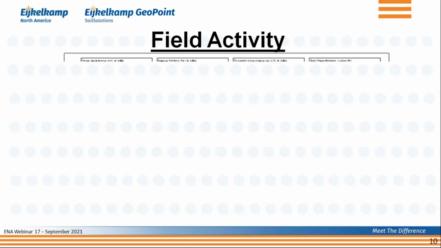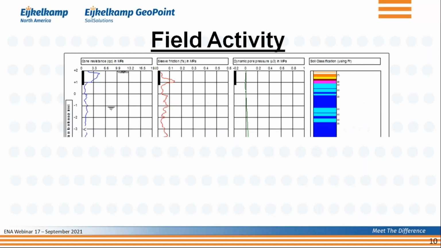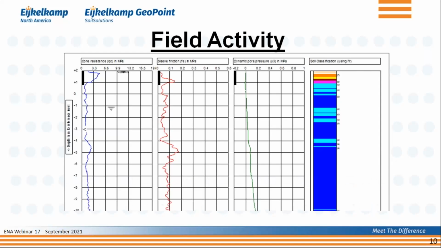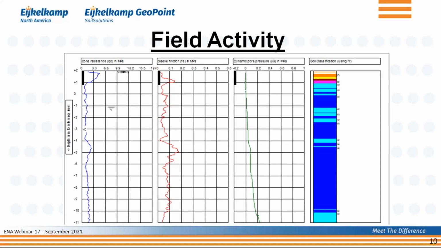What you then start seeing in the field is you start pushing the cone, and as you push the cone into the ground, you get those parameters that I just mentioned, and you can correlate those parameters to come up with a soil behavior classification that you see identified here in different colors on the right-hand side. Once again, I want to point out that you see here the dynamic pore pressure, not necessarily the hydrostatic pore water pressure. It's the dynamic pore water pressure because of the dynamic effects of pushing the cone.